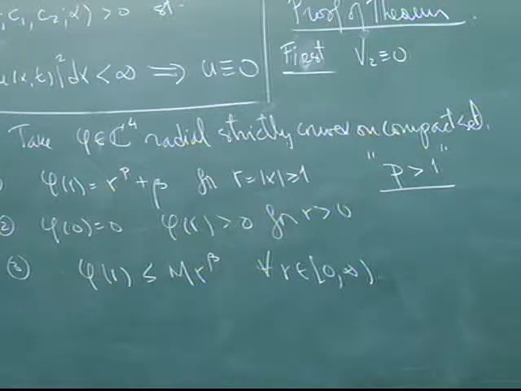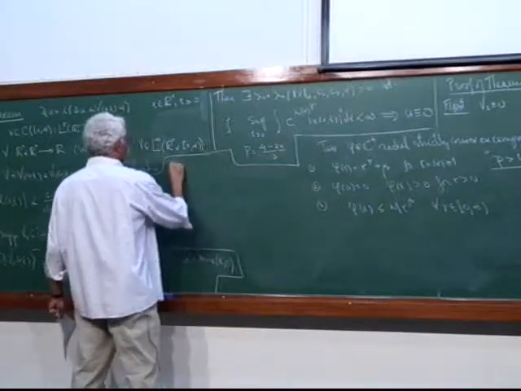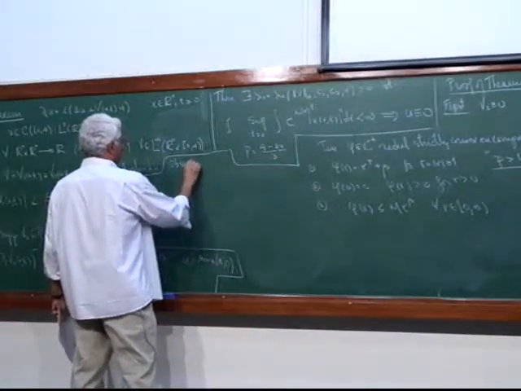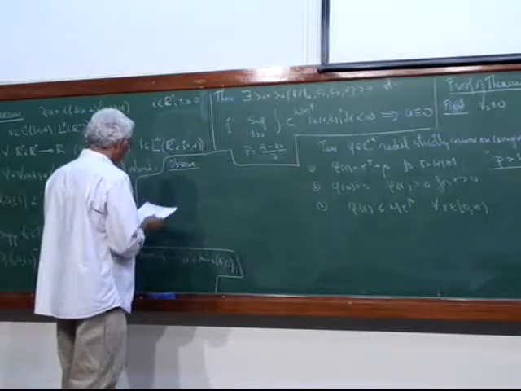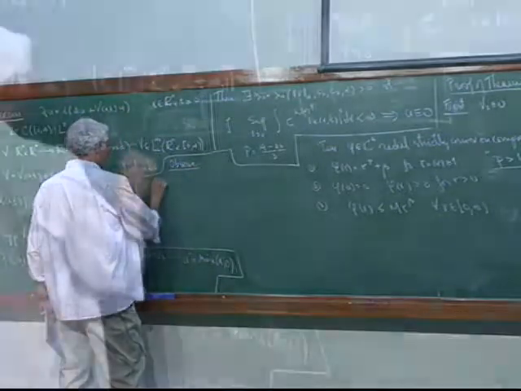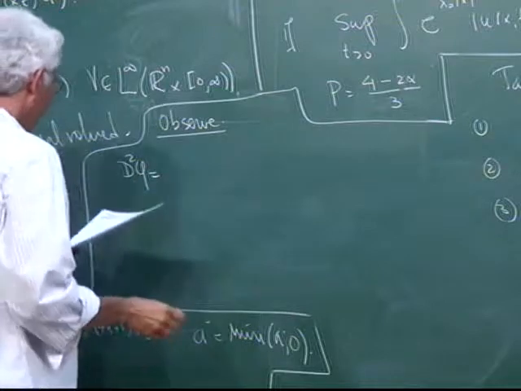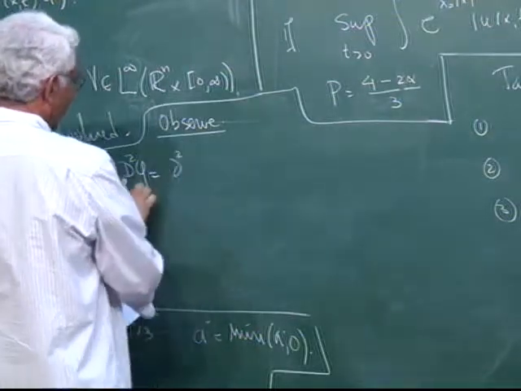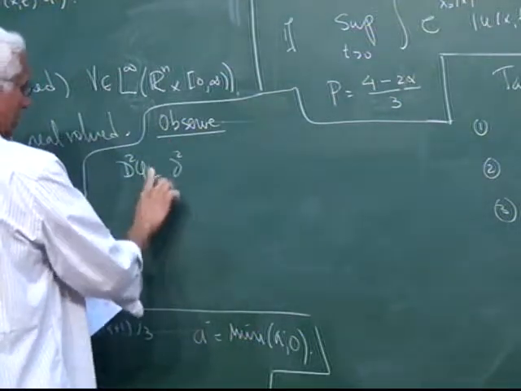Okay. Some computation. Let's do some computation here. Observe that the second derivative of phi, the matrix of the second derivative, is this.